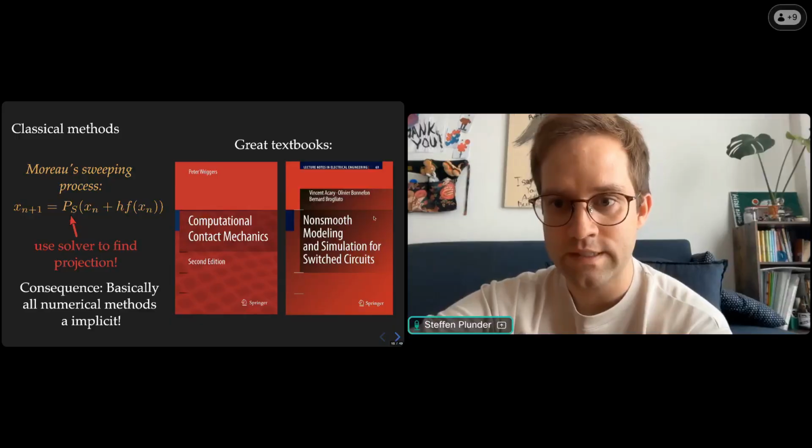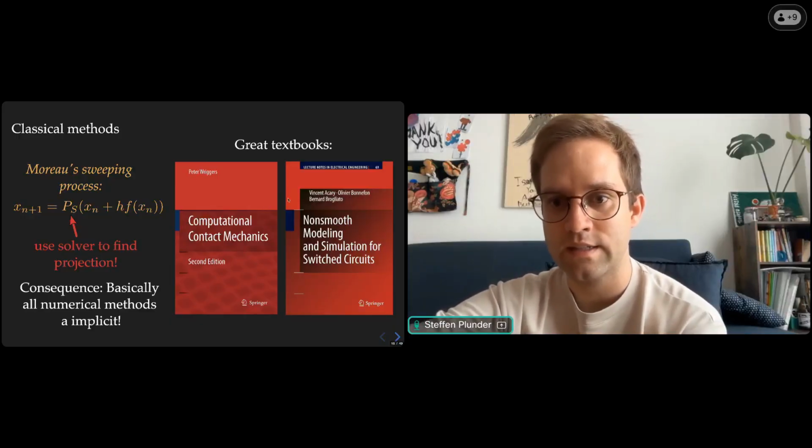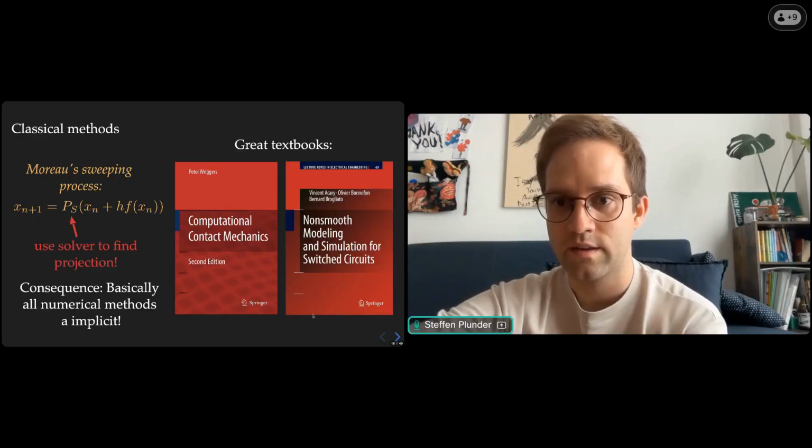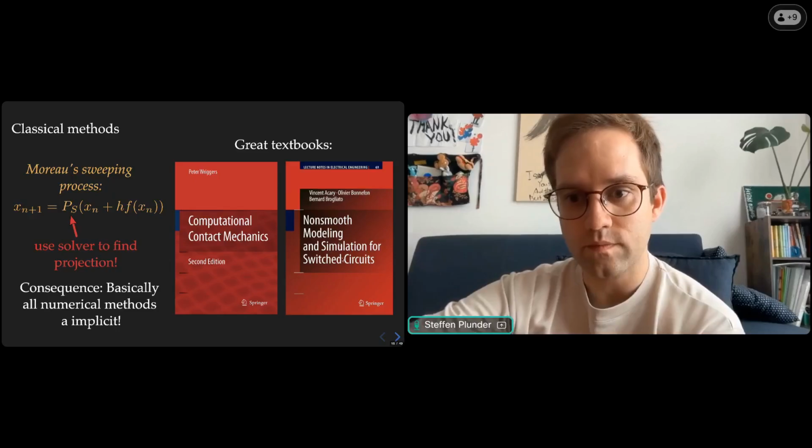To give two references, good books for dealing with contact mechanics are from Peter Wriggers or from Vincent Acary, on non-smooth modeling and simulation.